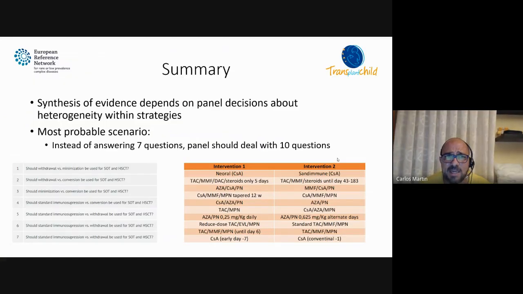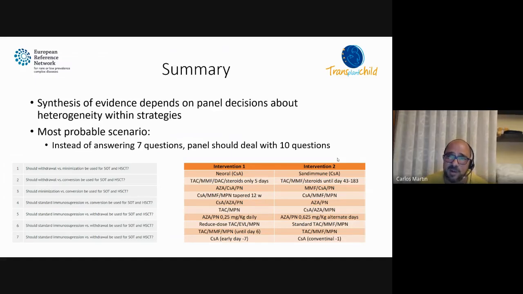So summarizing, the synthesis of evidence depends on panel decisions about the heterogeneity within the strategies. In my opinion, the most probable scenario is that instead of answering 7 questions as were framed in GRADE, the panel probably has to deal with 10 questions, which, to be fair, is not a big deal.